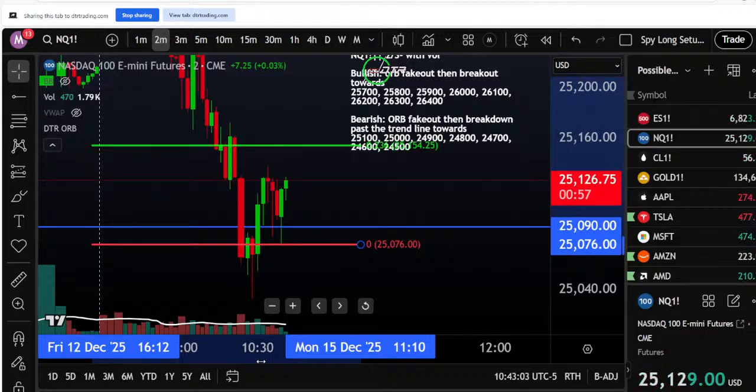Let's see if we can get through 130 now. Still no reason to get out of this position. Now we want to see it holding 130, right? So if this candle doesn't close above 130, that's going to be an exit signal. There's 5K.